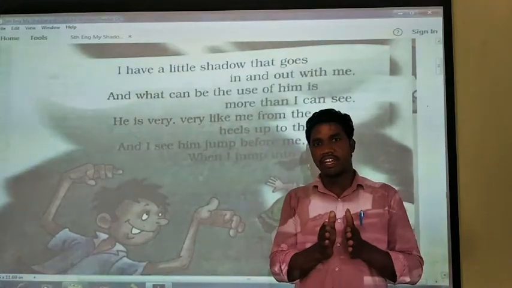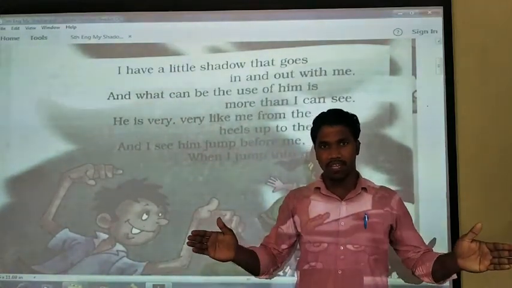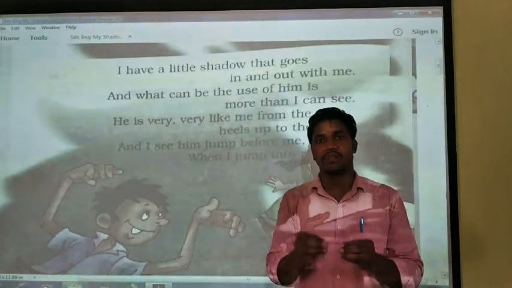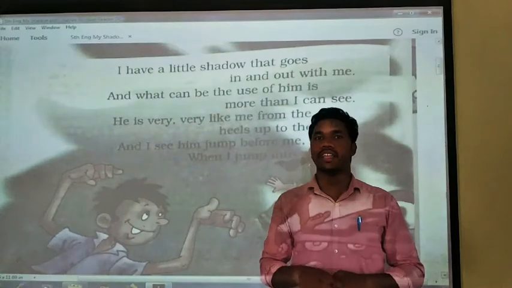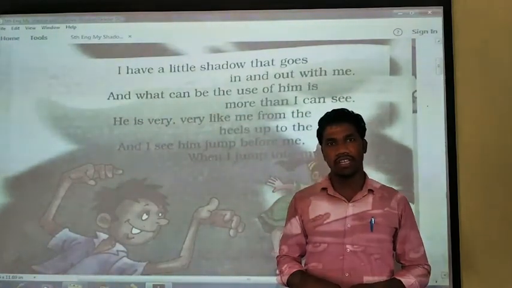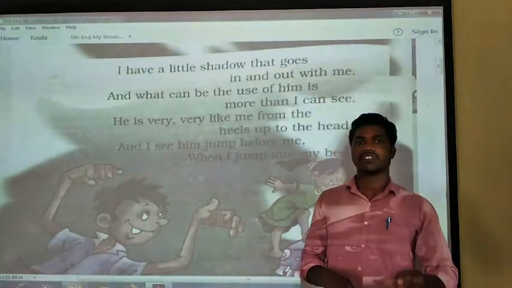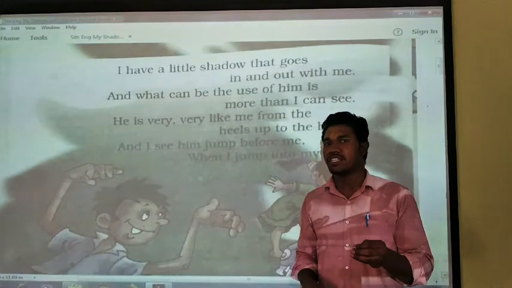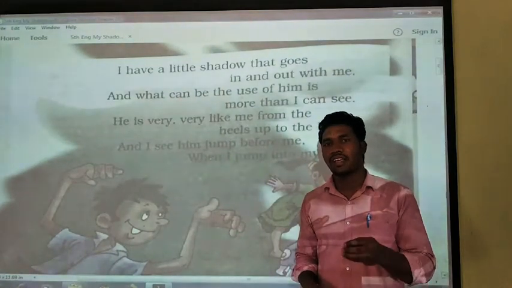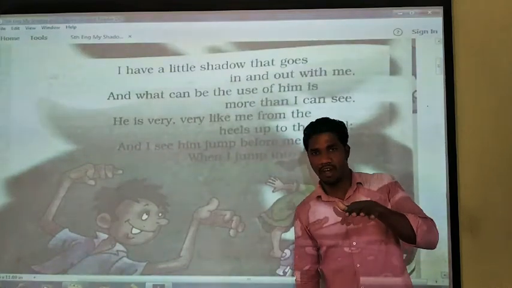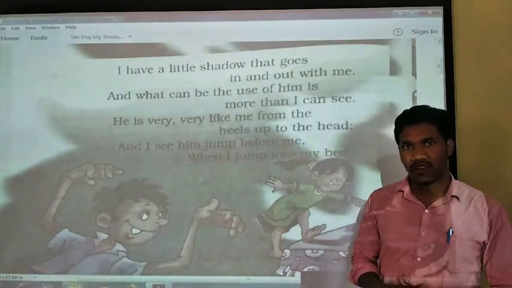So the way it grows, sometimes very big and very long and sometimes very small, is one of the funniest things about the shadow. Yes or no? It is not like proper children who grow very slowly. A shadow can increase all of a sudden, it can become long and it can become short also.